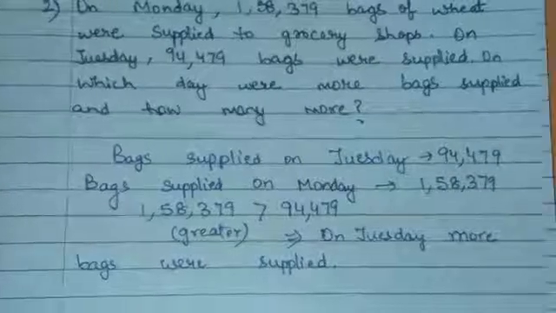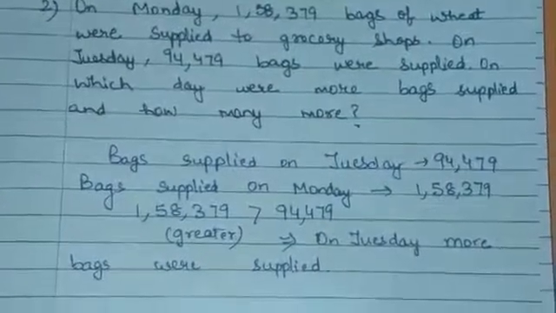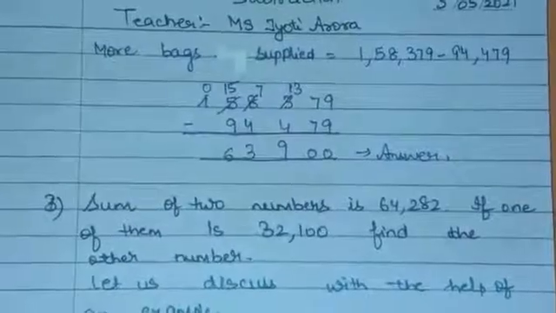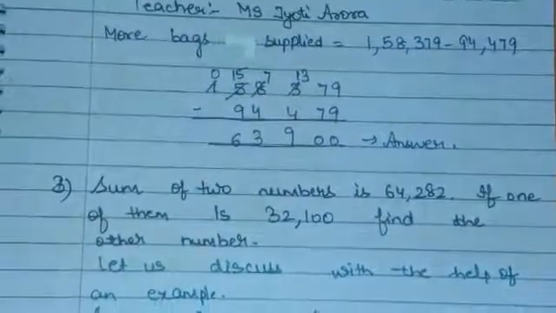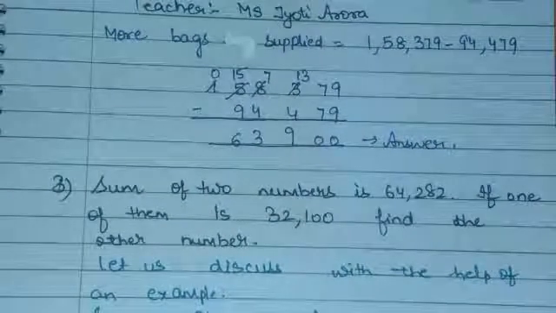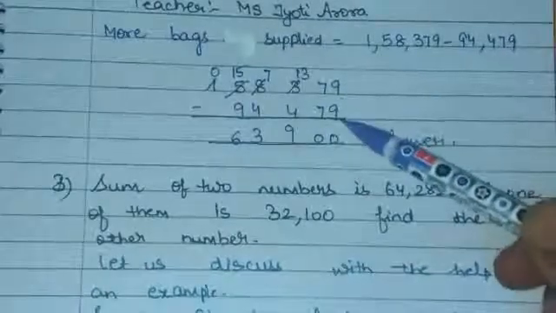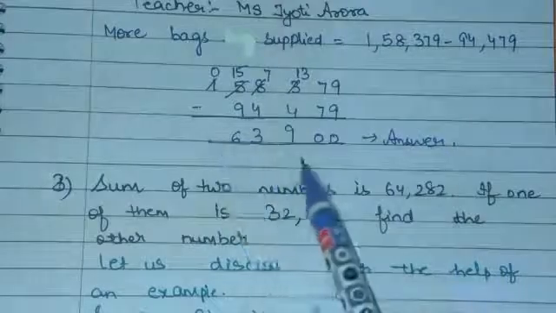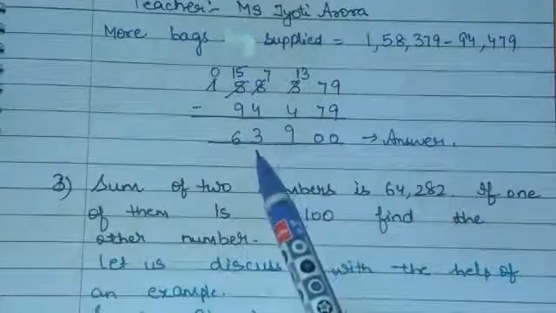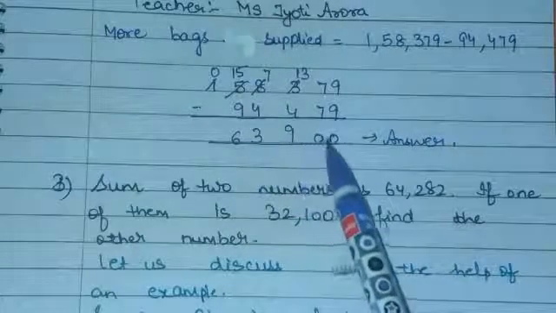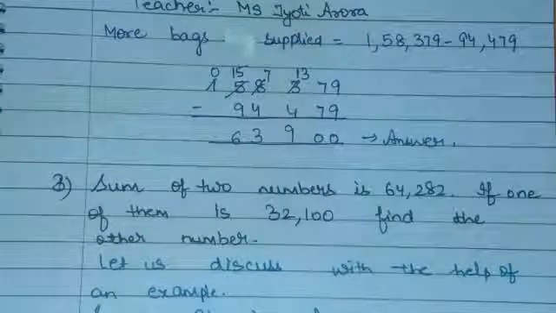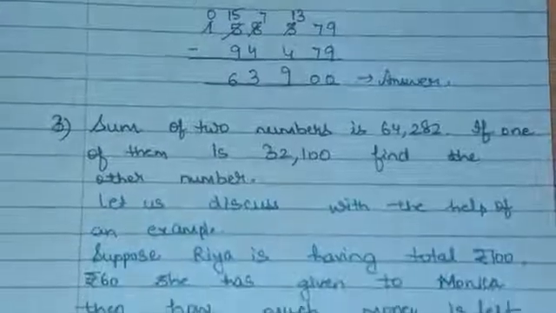Clear? Tell how many more bags were supplied on Monday. We will check it by the subtraction, and on subtraction we got 63,900.